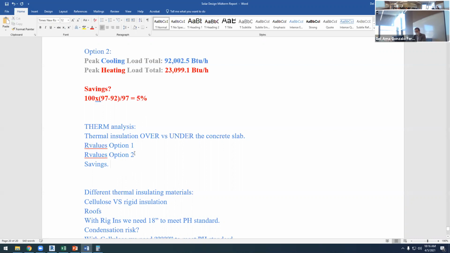What are the savings? Maybe imagine that is 20%. If you have to do something and you save 20% here and 5% there, what would you do? First, I would do this. And then if I have enough money or enough time or whatever, I will try to do this. But first, that would be my first choice to retrofit the house.